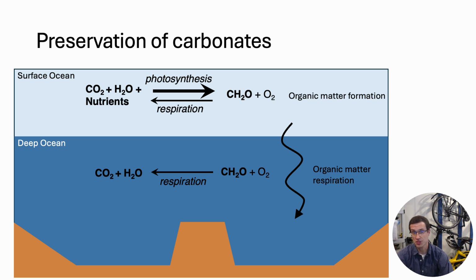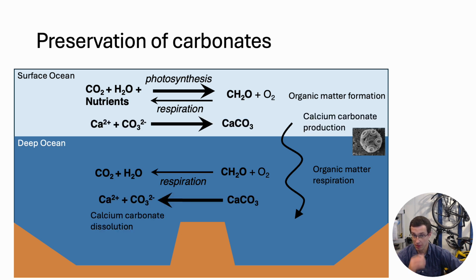In the surface ocean, photosynthesis typically is greater than respiration, so you're making organic matter, and some of that is going to sink out. Either the plankton are going to die and sink, or they'll get eaten by zooplankton or fish, or something is going to cause that organic matter to sink out in one way or another. So at depth, that organic matter is respired back to inorganic matter and nutrients. That's a biological pump. Now there's also calcium carbonate formation.